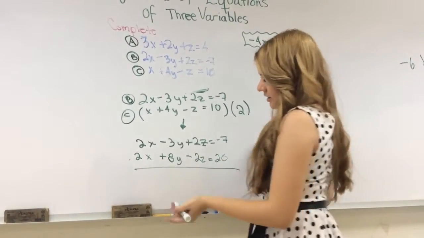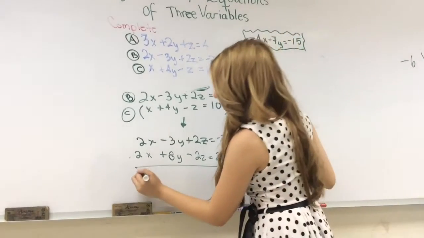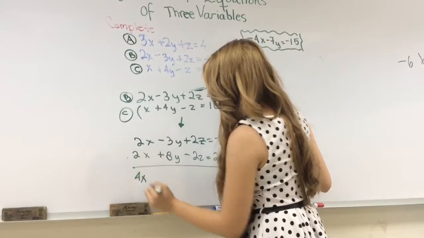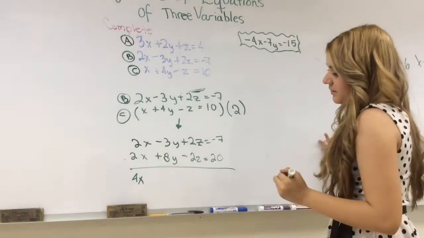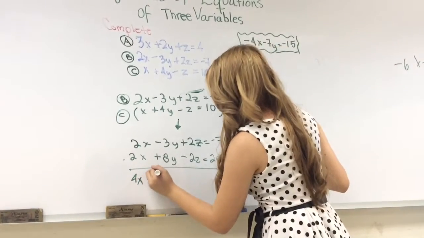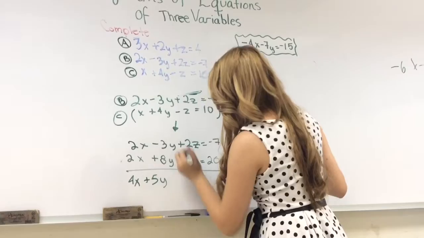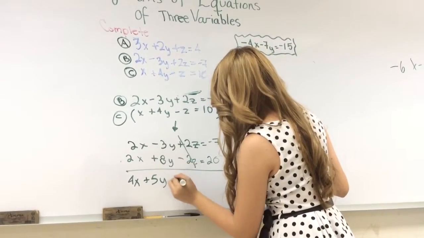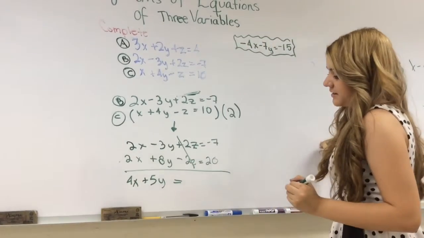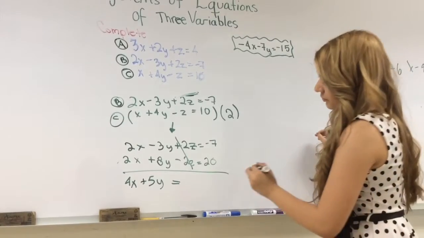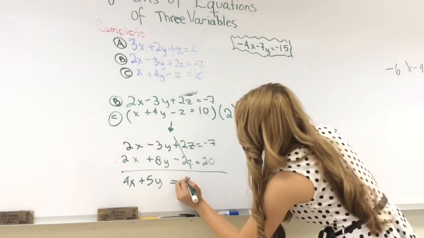And I start adding or subtracting. 2 plus 2 gives me 4x, minus 3 plus 8 will give me plus 5y. This cancels. And 20 minus 7 will be 13.